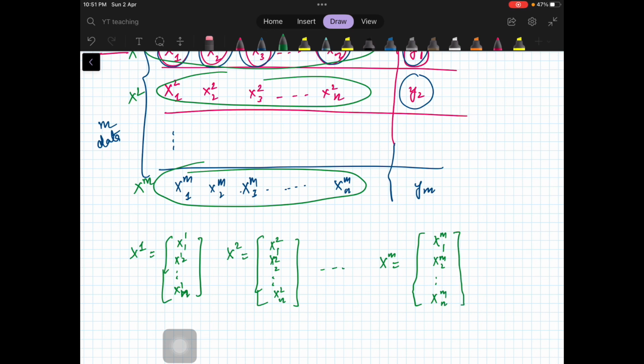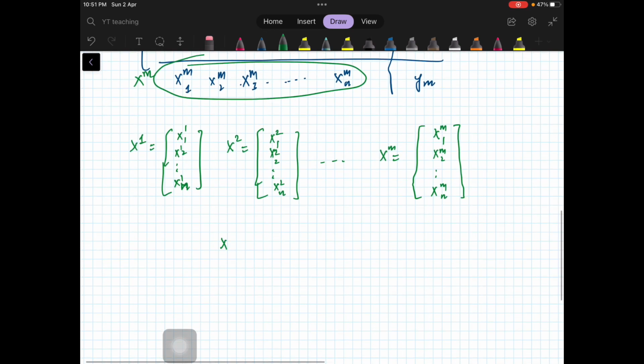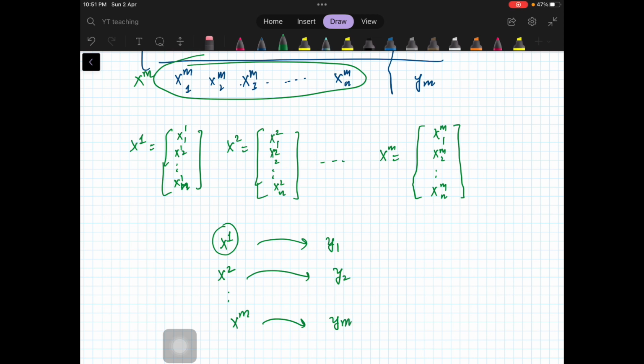So you are given x1 data, and in your mind it should be clear that it is a vector. The corresponding output is y1. Then you have x2 data and the corresponding output is y2, and so on. Then you have xm data and the corresponding output is ym, right?